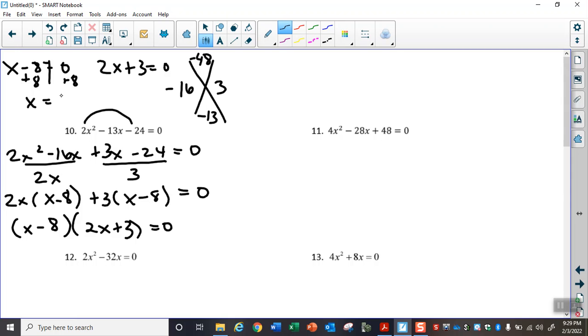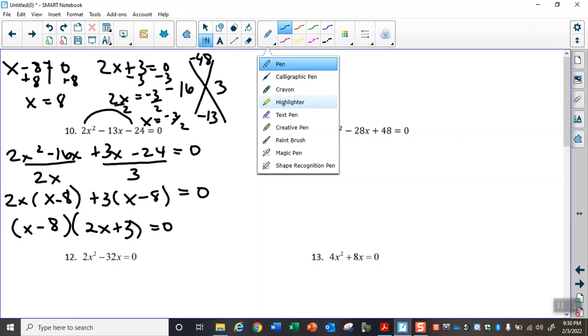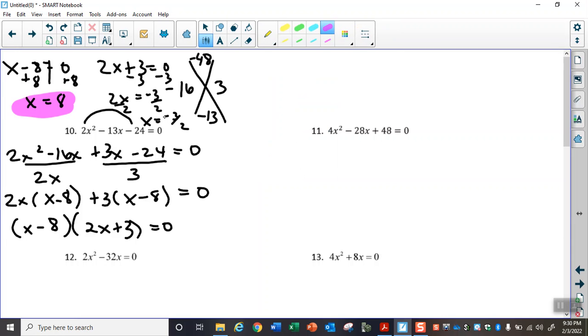And I get x equals 8 is one solution, and x equals negative 3/2. All right, there's one solution and the other one. Those are the x values that make this equal to 0.